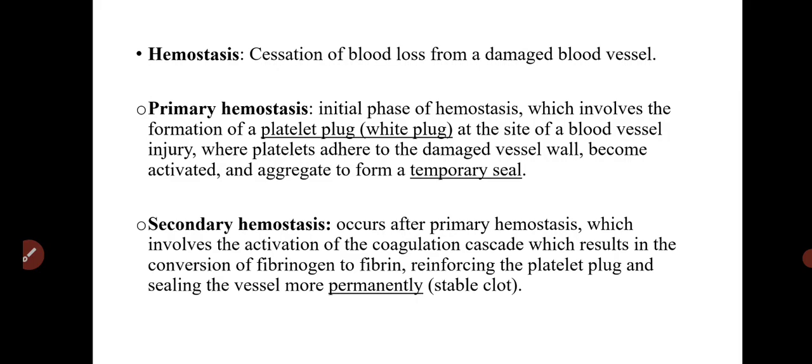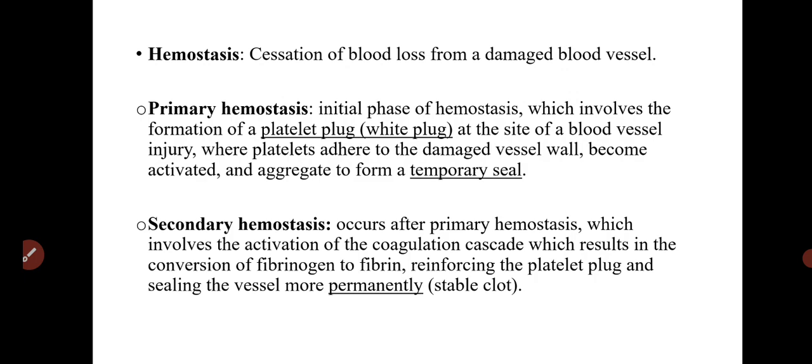Cessation of blood loss from a damaged blood vessel is known as hemostasis, which involves primary hemostasis and secondary hemostasis. Primary hemostasis is the initial phase of hemostasis. Here, there is the formation of a platelet plug, that is, a white plug is formed at the site of injury.